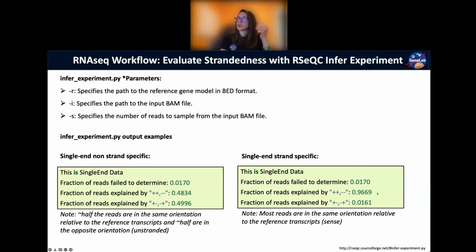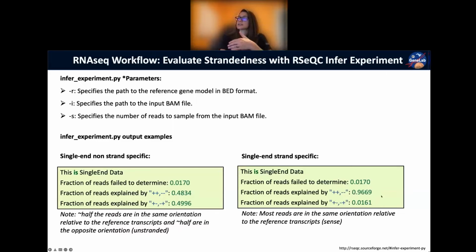And we see that almost all the reads are in the same direction as the reference. Down here, this is describing again that when the reference is in the positive direction, the reads are in the opposite. When the reference is in the negative direction, reads are in the positive direction, which means that the reads are in the opposite orientation of our reference, and that makes up a small fraction in this case. So this is what it looks like when there is single-end data that's strand specific.